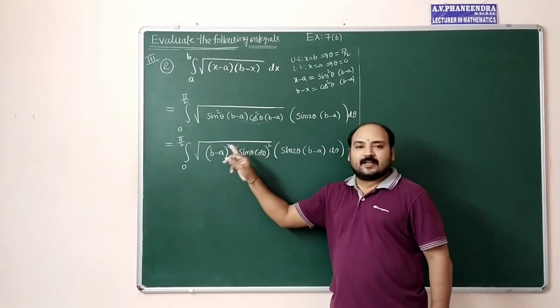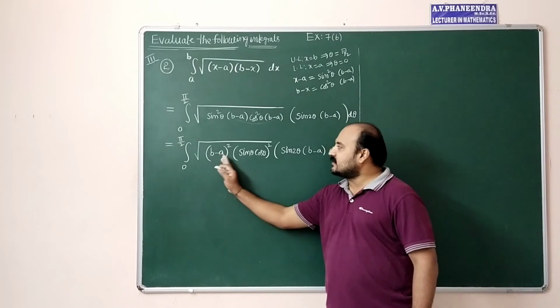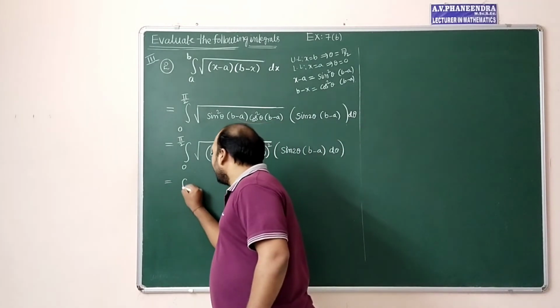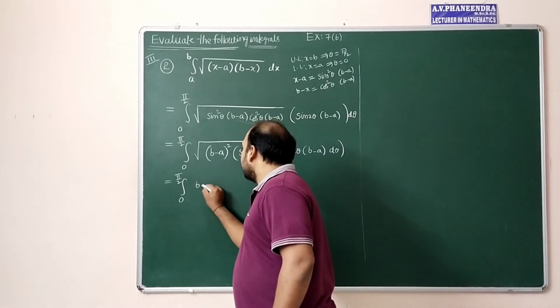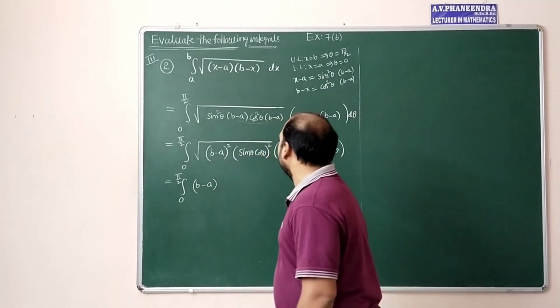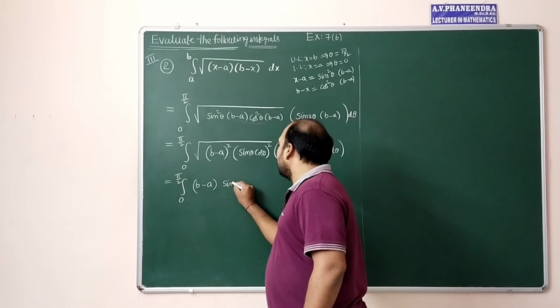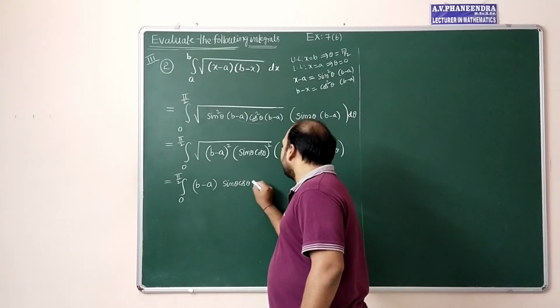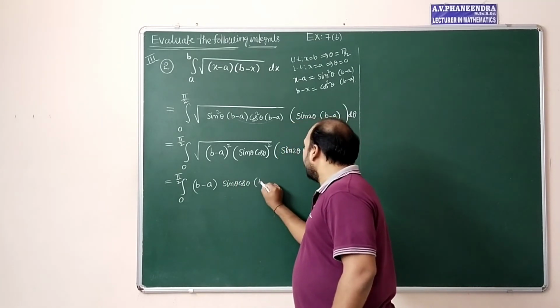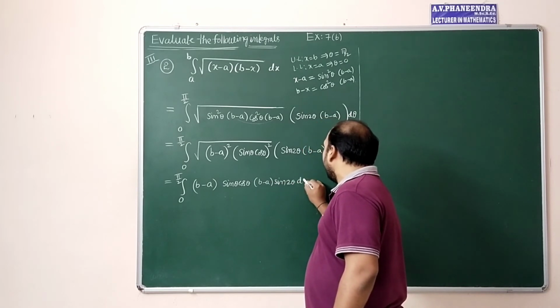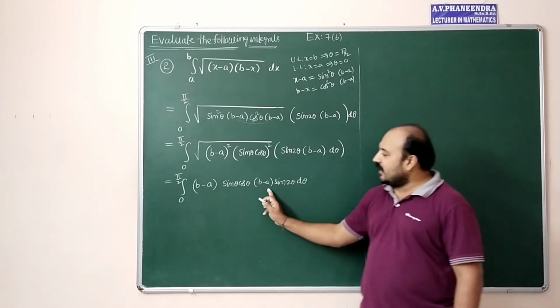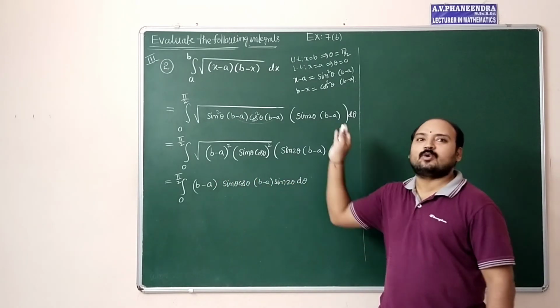Here root and square cancel. Here b minus a is there. Integral 0 to pi by 2 b minus a into sin theta cos theta. Again here b minus a, sin 2 theta into d theta. B minus a into b minus a, b minus a whole square.